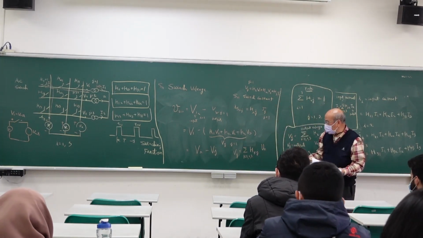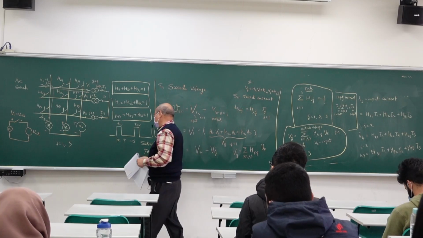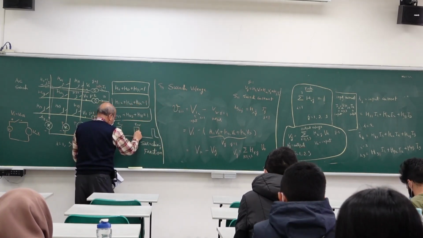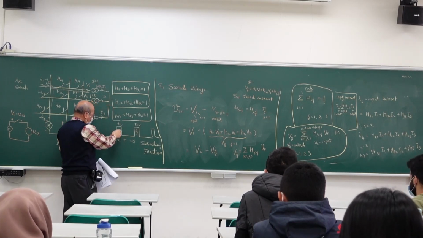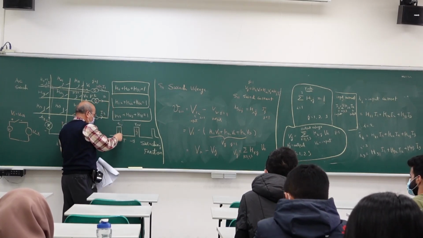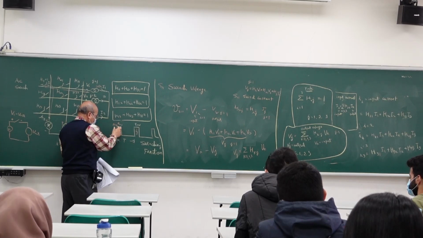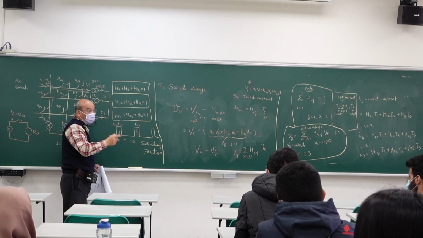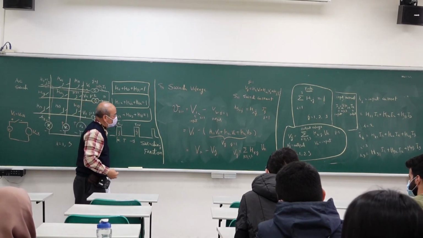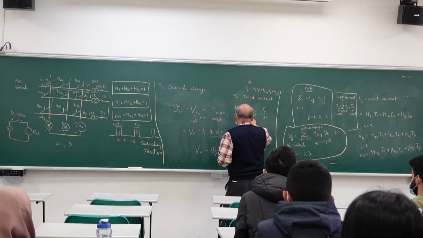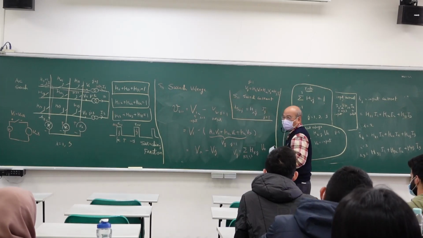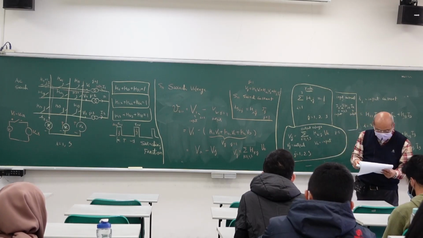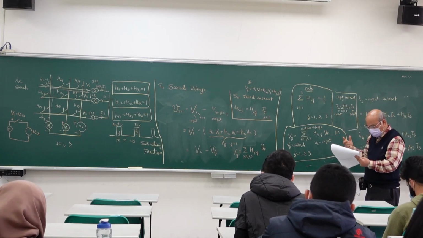So Hij could be only 1/3, for the full duty. So what is your current rating? This is 10 ampere, but the duty is 1/3. So the average is 3.3 ampere. So we can break it down in this way. This is the current flowing through the switch, so we can calculate the current through the switch.